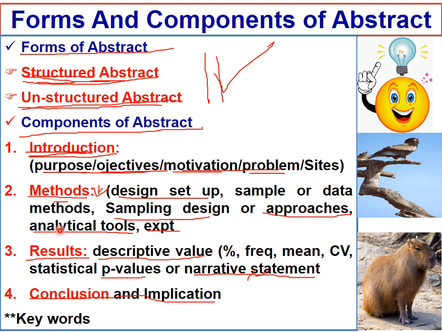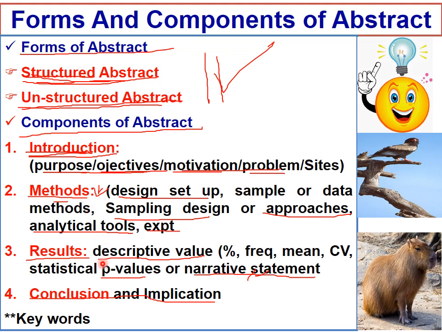And what were the analytical tools, both software and instruments, that were used for data analysis? And what were the experiments that were undertaken while making data manipulation and data analysis, computation, and all other related data manipulation aspects should be explained under the methodological part of your abstract.